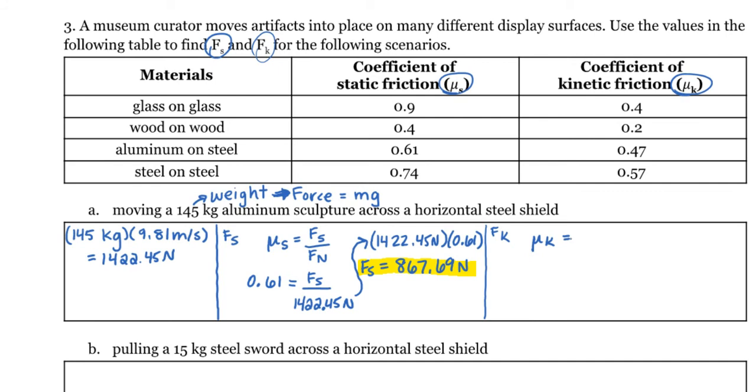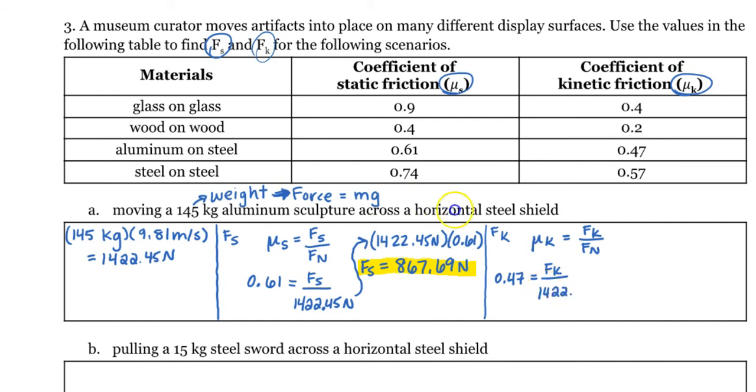For the force of kinetic friction, I have the coefficient of kinetic friction is equal to the force of kinetic friction divided by the normal force. So I'm just substituting things in again. The coefficient of kinetic friction for aluminum on steel is 0.47, and we're looking for the F sub k.